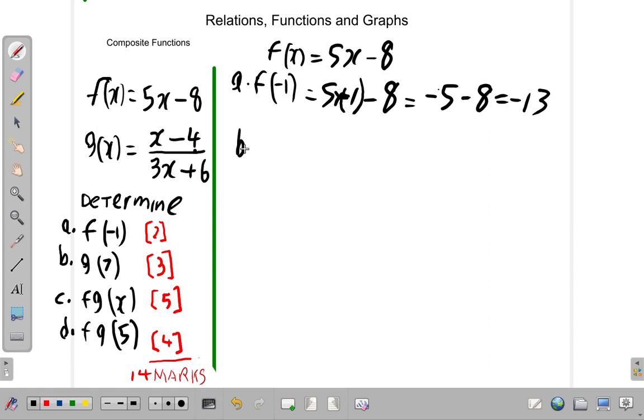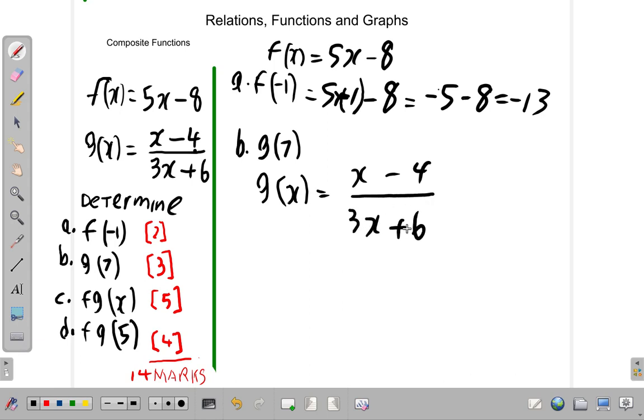Let's look at B, g of 7. Now, remember that g of x was x minus 4 divided by 3x plus 6. But now what we want is g of 7. So we're going to have to change the x's to 7 to get g of 7.